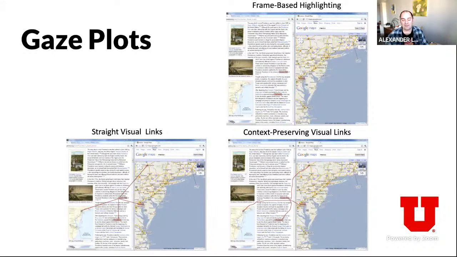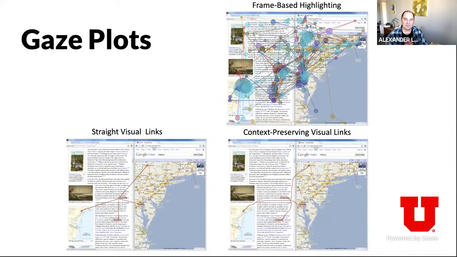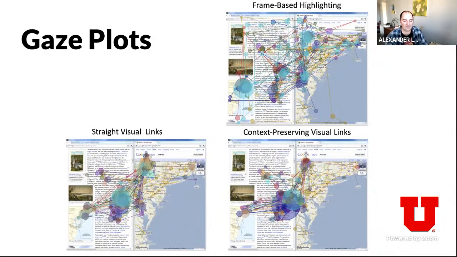Another, let's say softer, question we had is, what do people look at and how do they actually work on these charts? Here we used eye tracking to get a little bit of a sense of what people looked at. When we overlaid these eye tracking paths, we saw pretty clearly that compared to the highlighting condition, with the visual links people were much more focused, right?